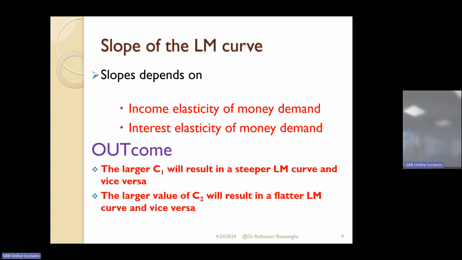That's why the money supply curve is vertical. Because it is determined by the central bank, it is fixed. So money demand is downward sloping and money supply is vertical. What is the most influential factor in determining income and the interest rate? It is the money demand, because the money supply curve is vertical and fixed.